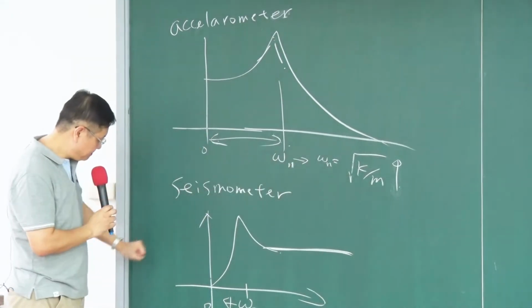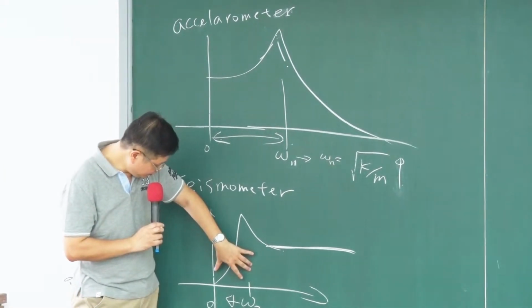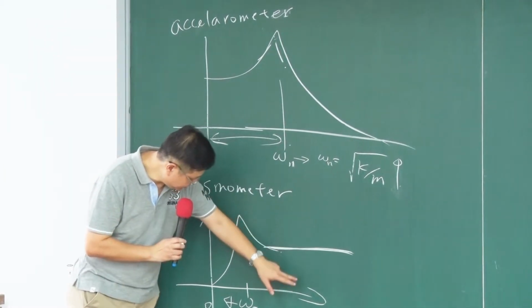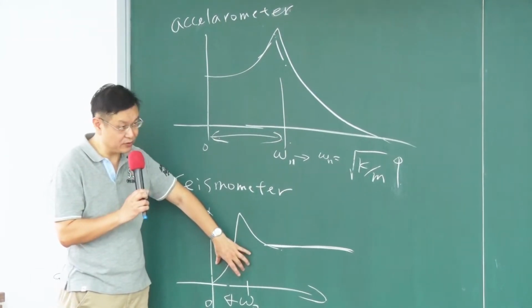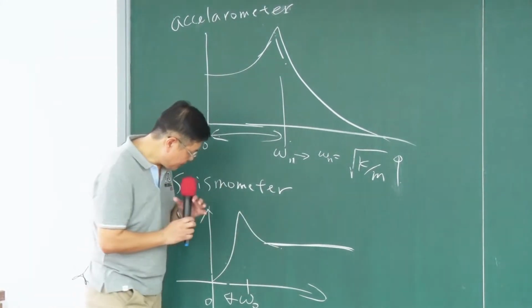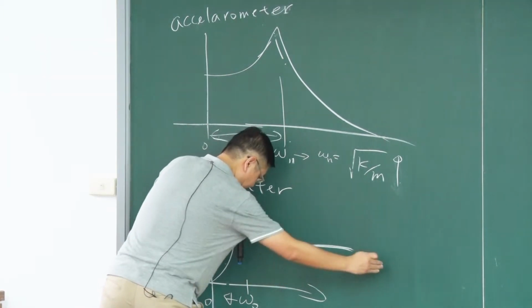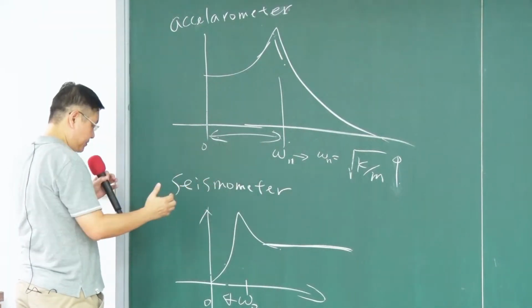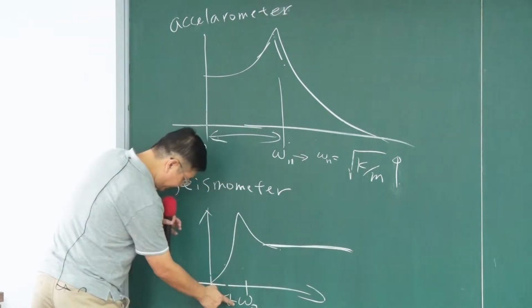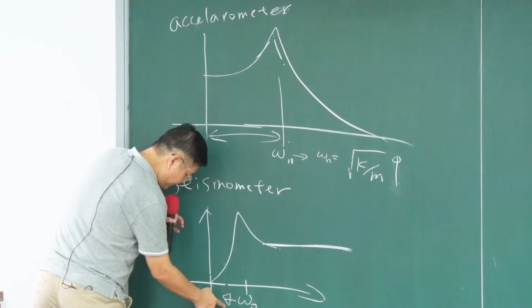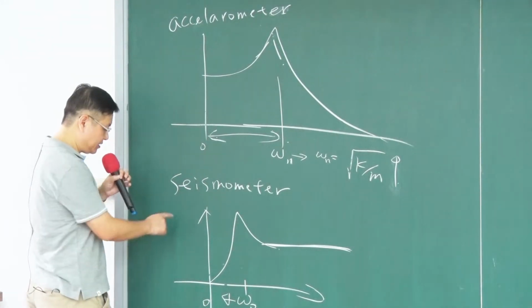But for seismometer, we are usually using this part because this part has output. This part does not give you output, so this part cannot be used. You can use this part if you want to have a large measuring portion. In that case you need to decrease the omega 0 in seismometer.